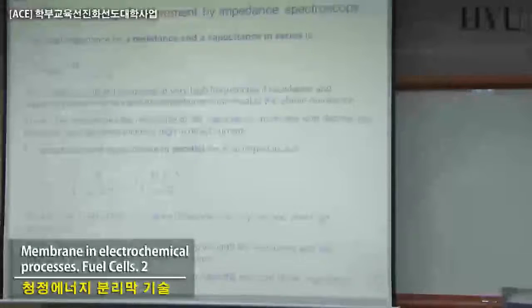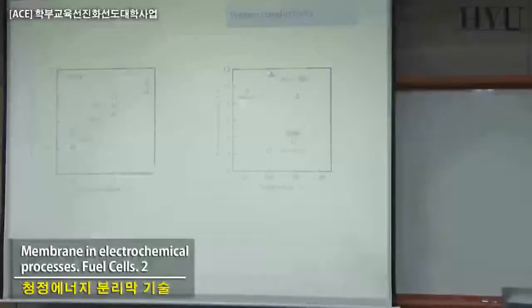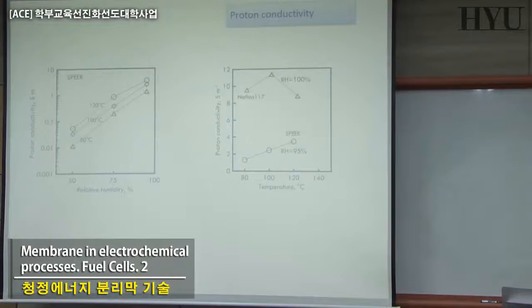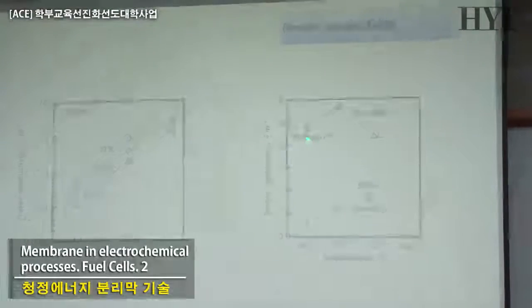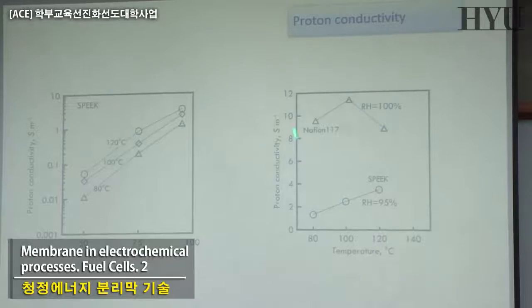Basically here, to show the results, you can measure the proton conductivity at different temperatures, and you can see how it changes with relative humidity, and the comparison between our PEEK and Nafion is always of this kind.